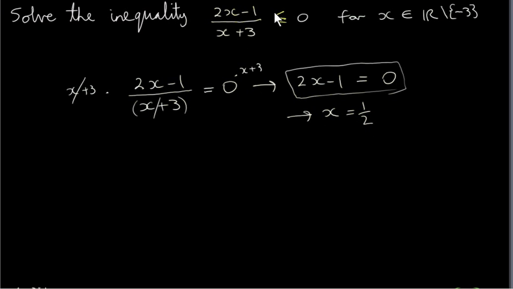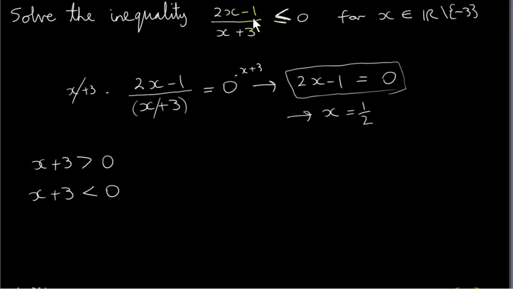Now we do the same kind of thing when we're solving an inequality. However, there is a problem. And the problem is that x plus 3 could be positive or negative. If x plus 3 is positive, it won't affect the direction of this inequality. If we multiply both sides of an inequality by a positive quantity, the inequality remains the same.